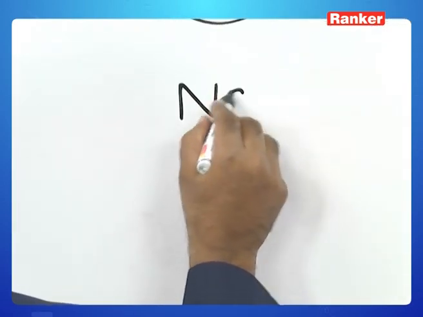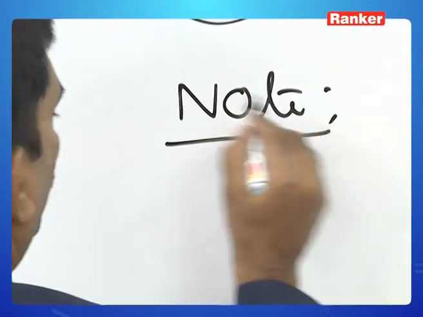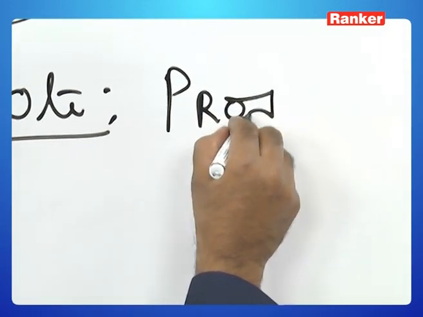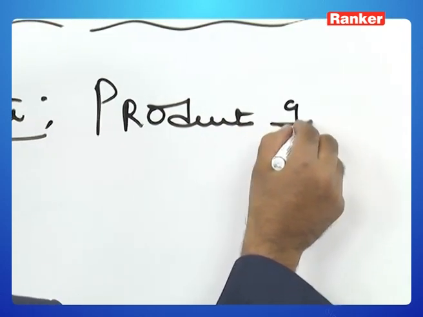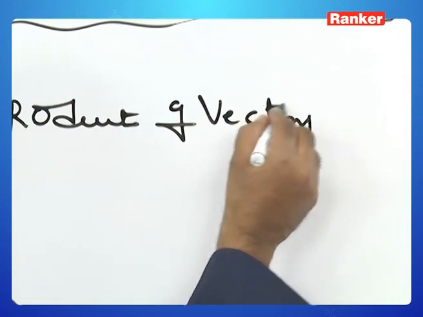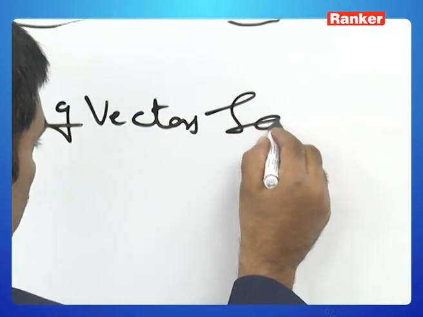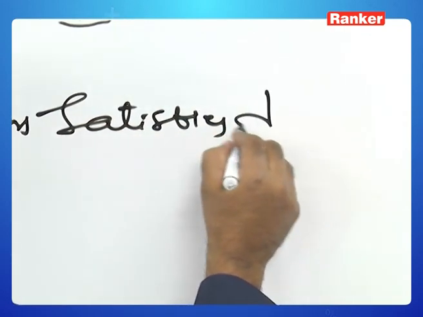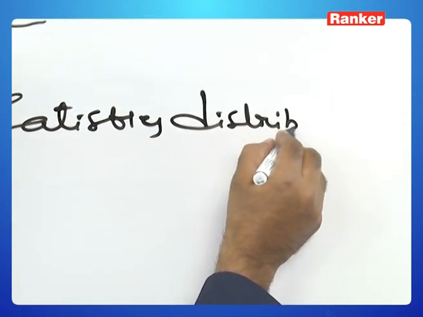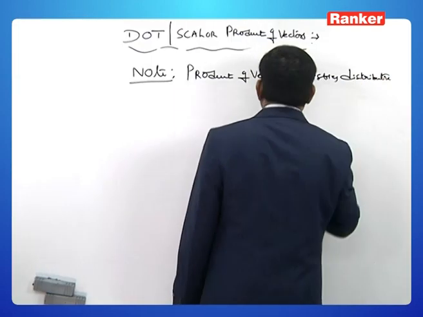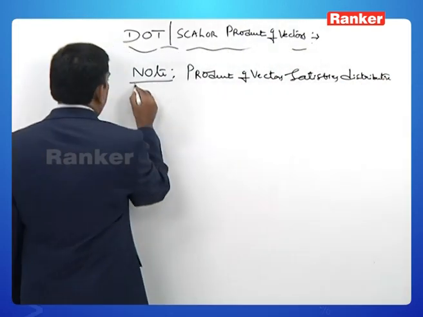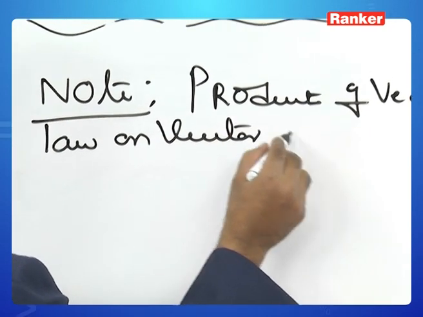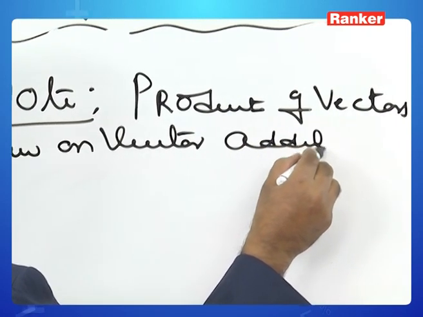Note, the dot product of vectors satisfies the distributive law on vector addition.